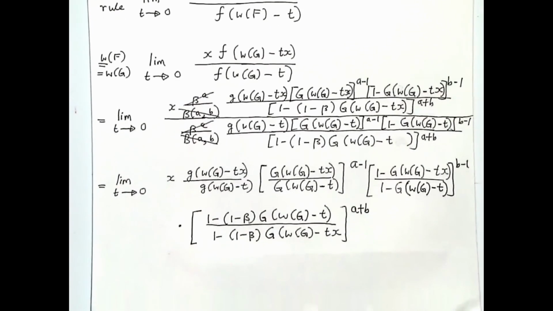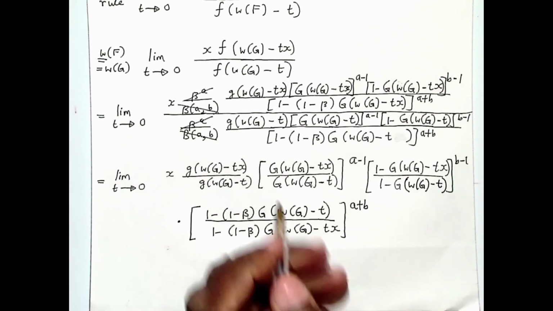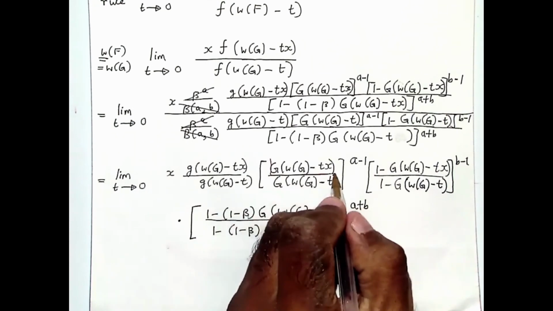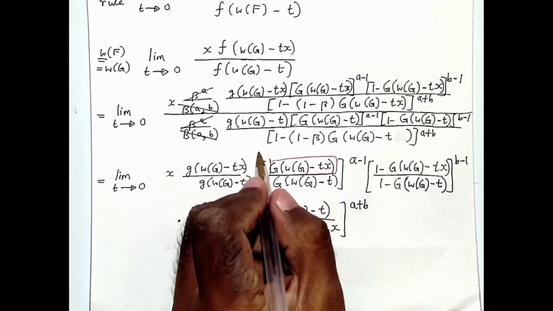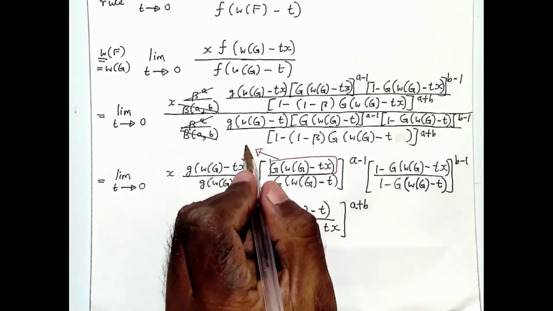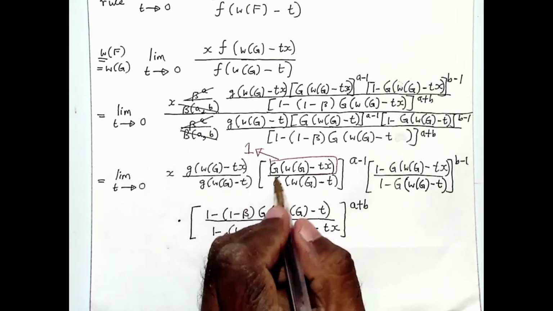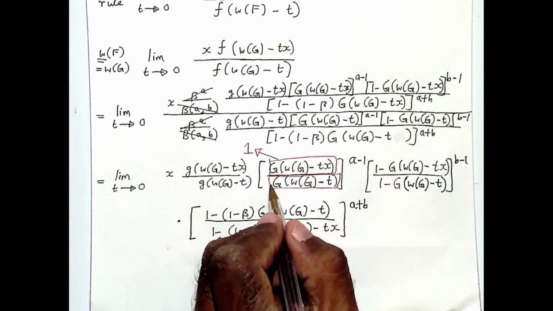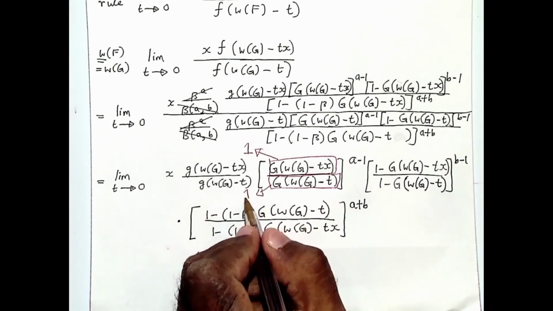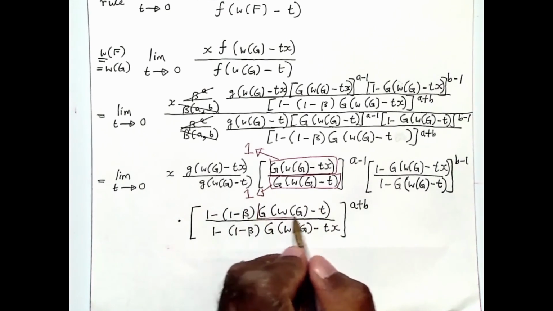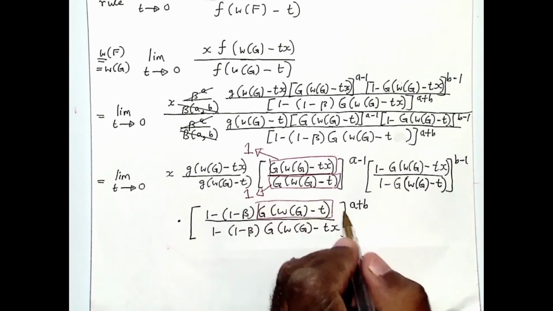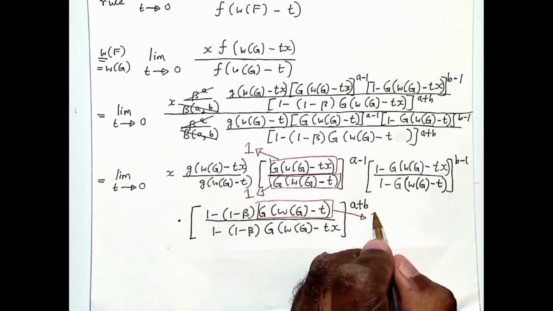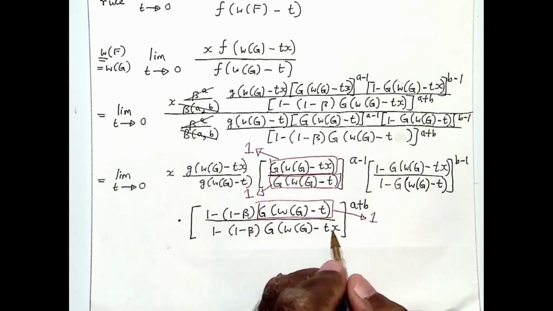Okay. All right. Now, as t approaches 0, by definition, this approaches 1. By the definition of upper endpoint of G, this approaches 1, and this also approaches 1. This also approaches 1.